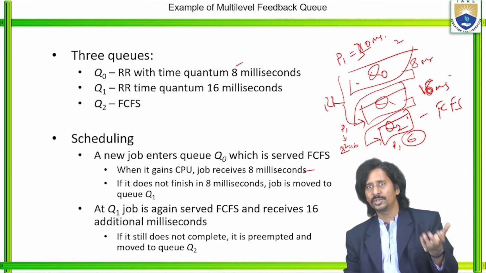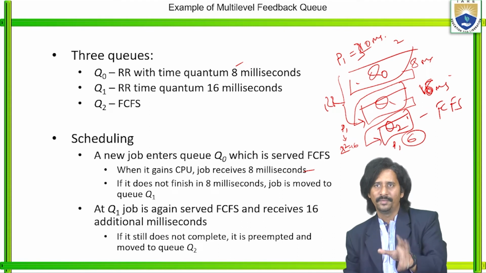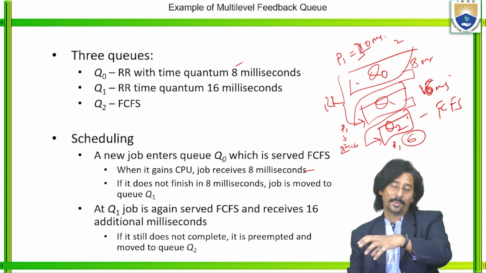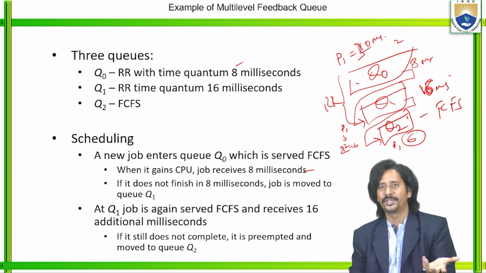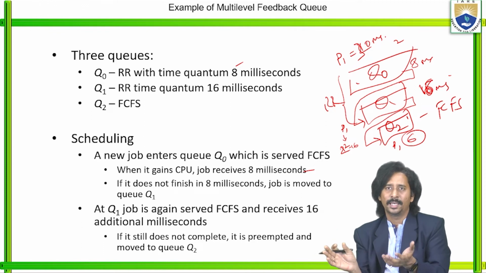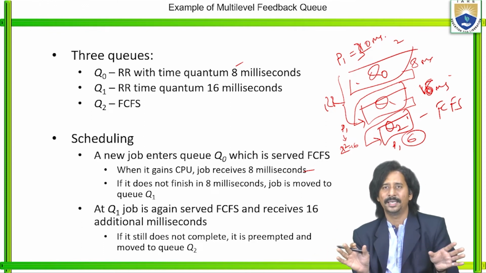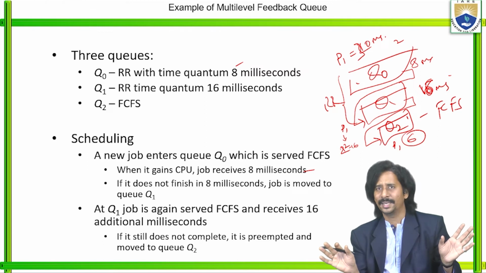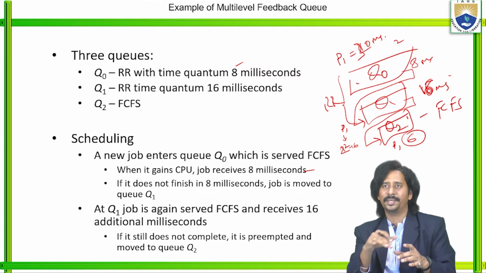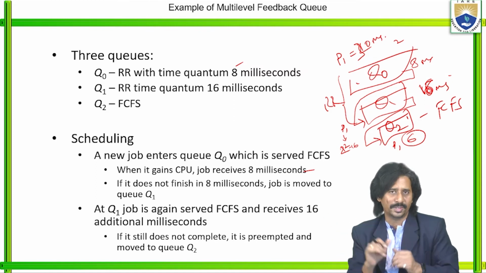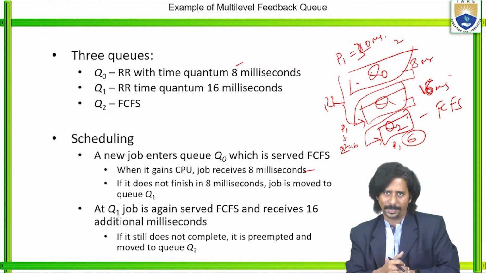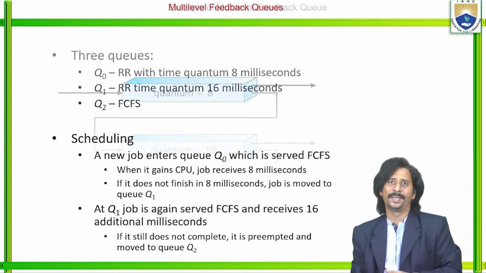Whenever a new job enters the first level queue, which is served based on FCFS, the processor picks that process to execute and checks the time quantum. If within that time quantum the process is completed, it simply terminates. If it is not completed, then the remaining time enters the next level of queue. This continues until the process executes completely.